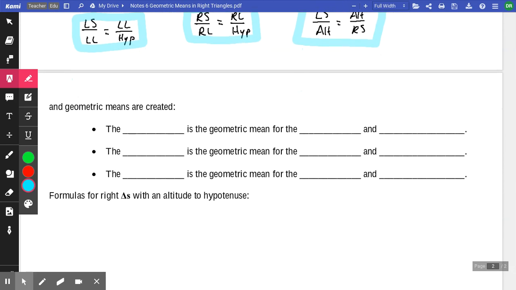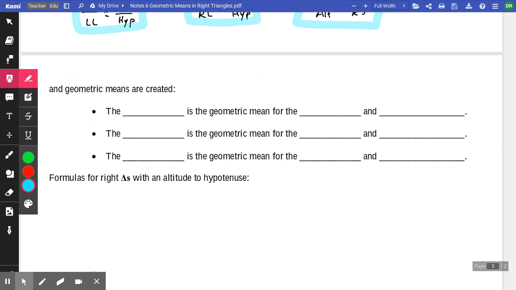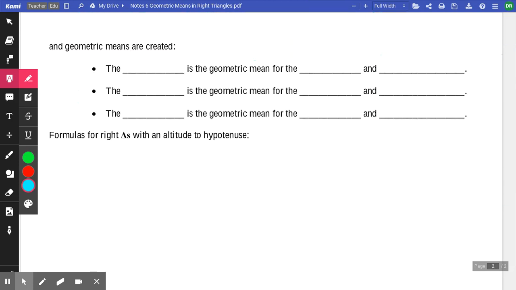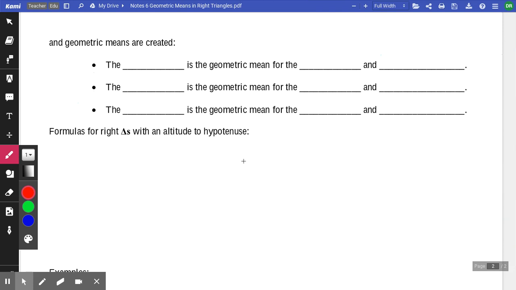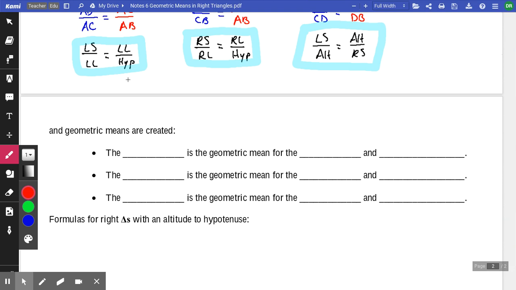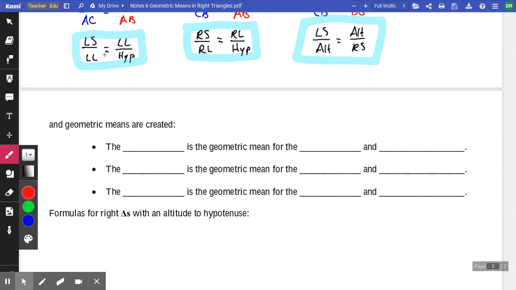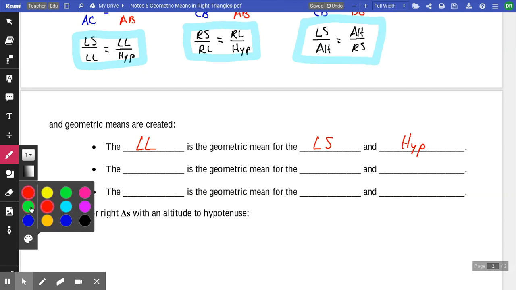So when we talk about these diagrams with the geometric mean, what we're going to realize is that within these proportions, we had a few things that multiplied with themselves. In this case, the left leg is multiplying with the left leg when we cross multiply. And so we're going to say the left leg is the geometric mean for the left segment and the hypotenuse. The right leg is multiplying with the right leg in this proportion.